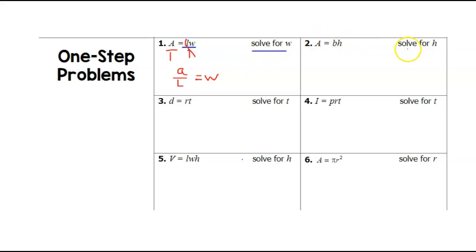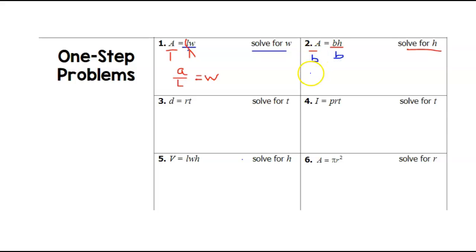All right, let's look at number 2. It says solve for H. What do we do to get H by itself? We have A equals B times H. We're dividing again, but this time we're dividing by what, e-learner? B. I'm dividing by B on both sides of the equation.